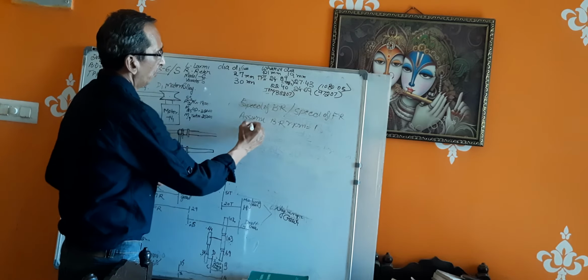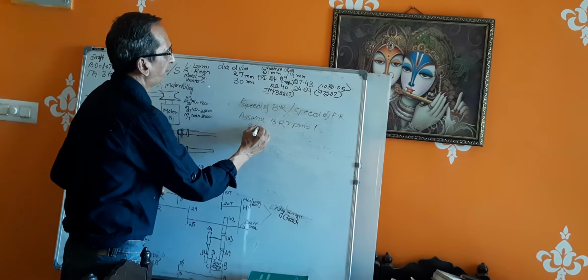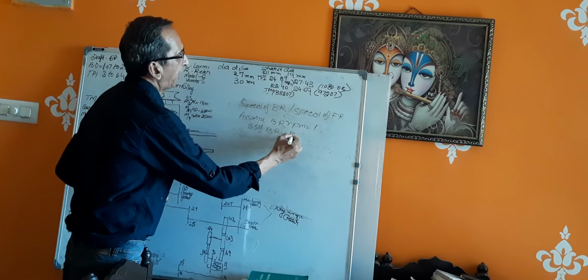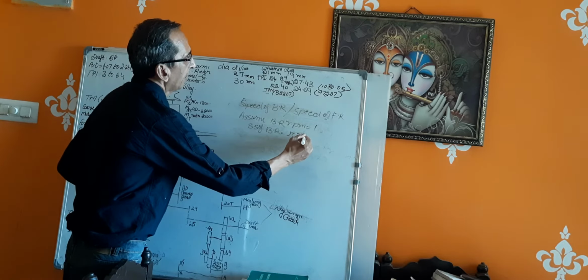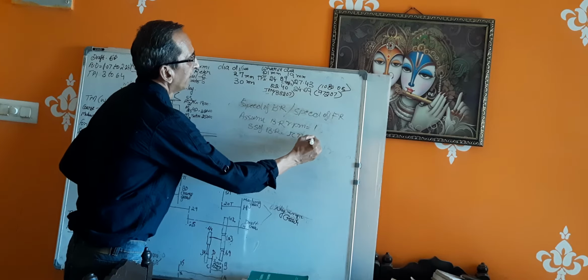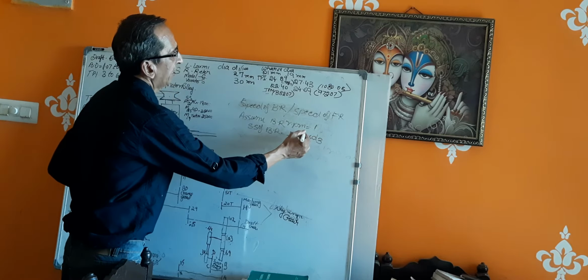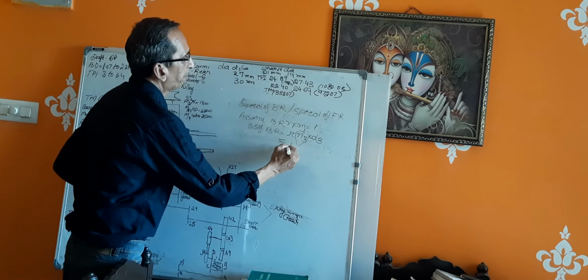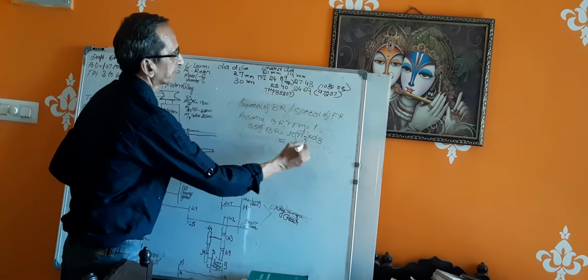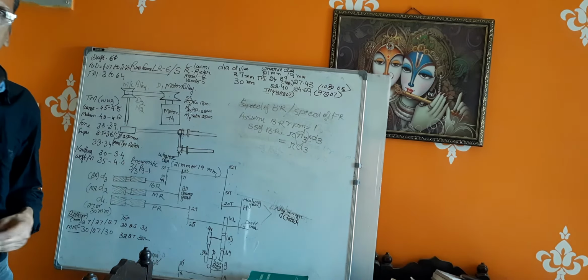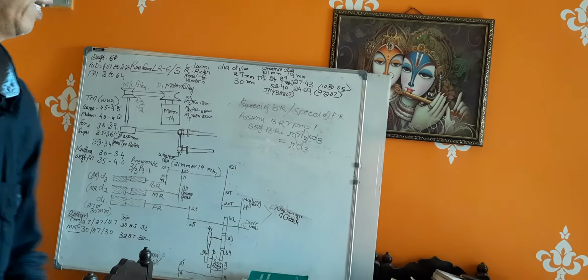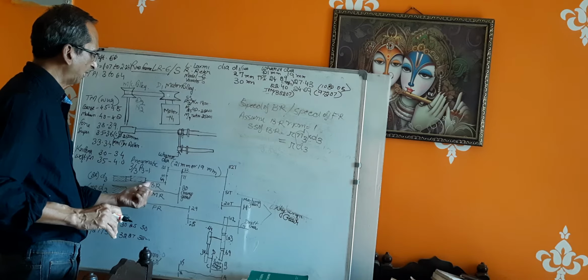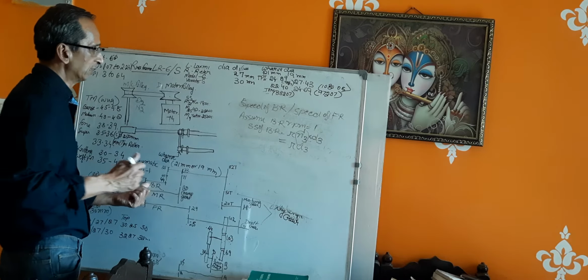So the surface speed of back roller will become pi N3 D3. Here N3 is 1, so it will be pi D3. Now how to calculate this? We have taken 1 RPM of the back roller.